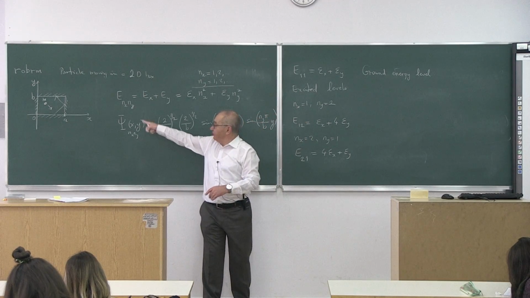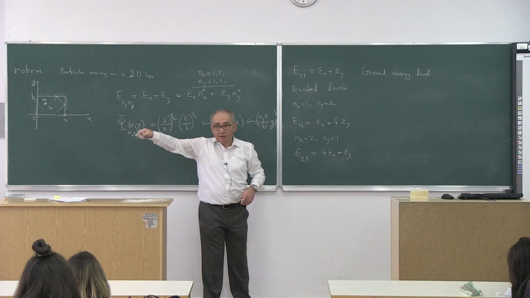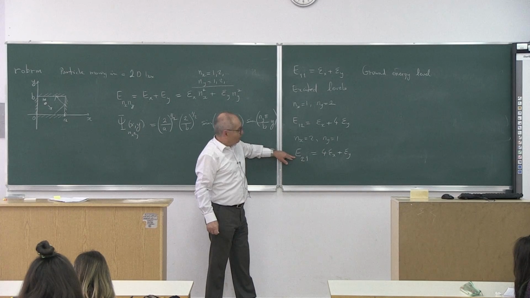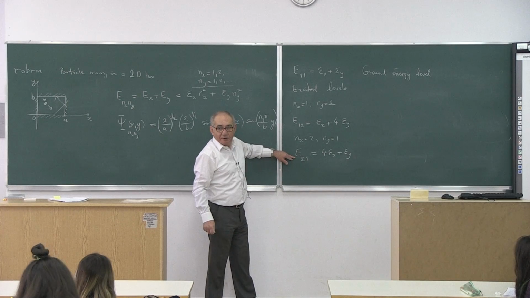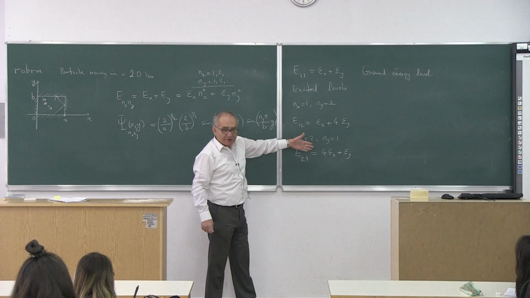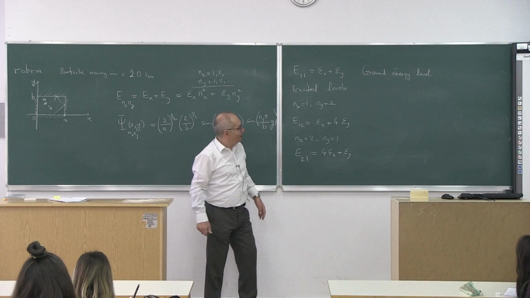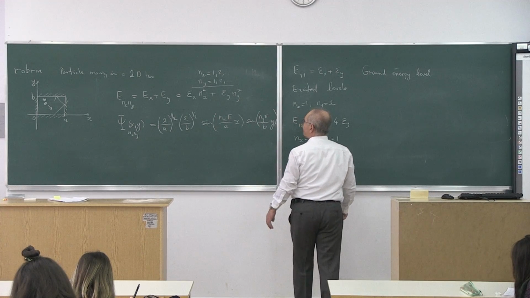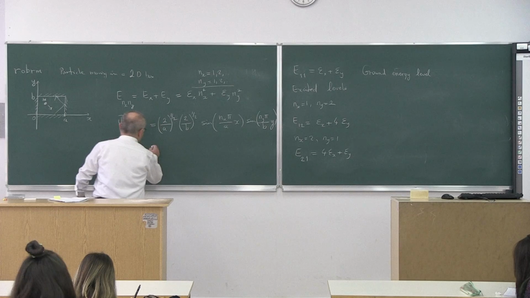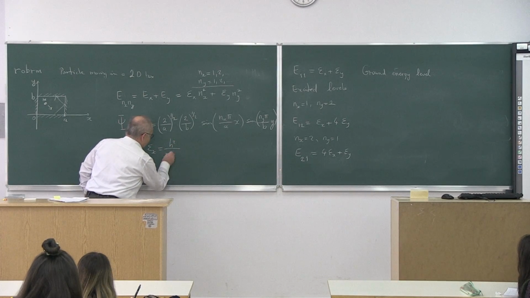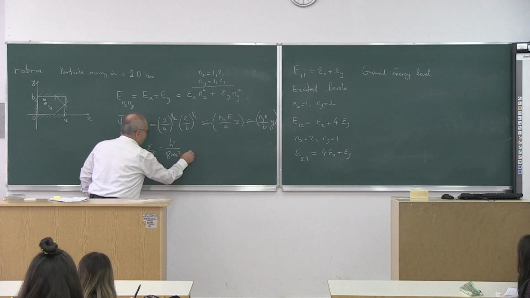If A is different from B, do you expect this number to be same or different than that number? You see the expression. Note, okay, you forgot h square over 8 times ma square.